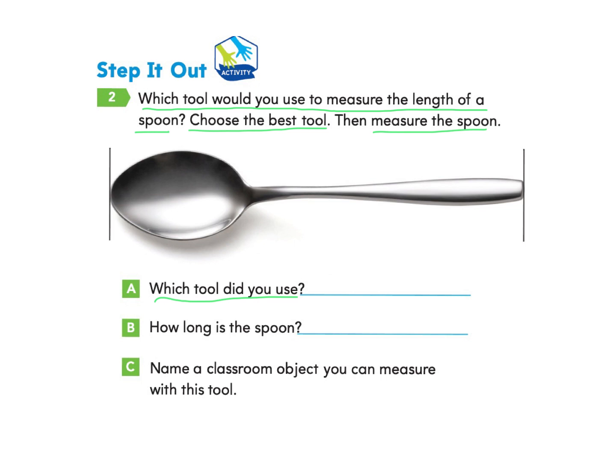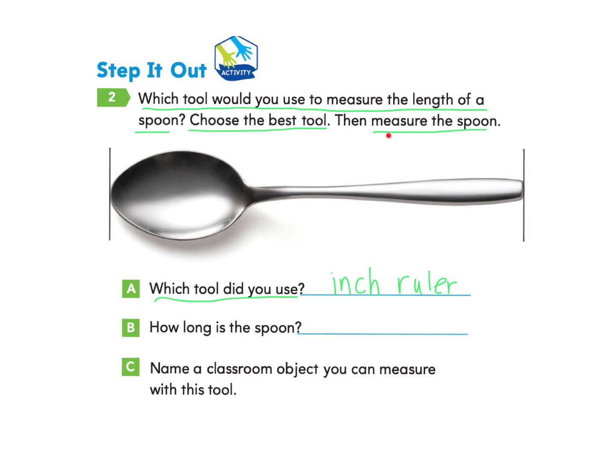This spoon looks small. It looks smaller than the inch ruler. So since the spoon is smaller than an inch ruler, we are going to choose to use the inch ruler. Part B asks us, how long is the spoon?